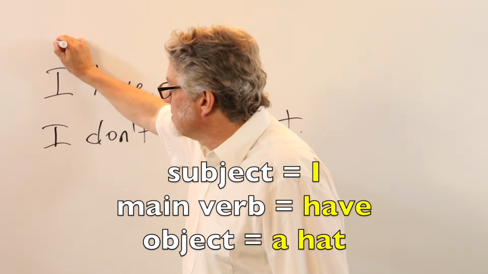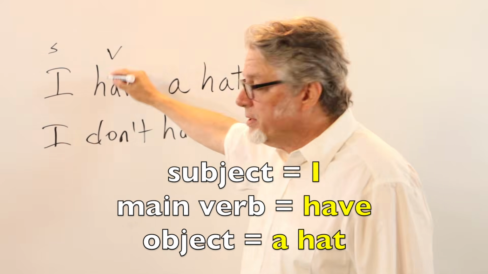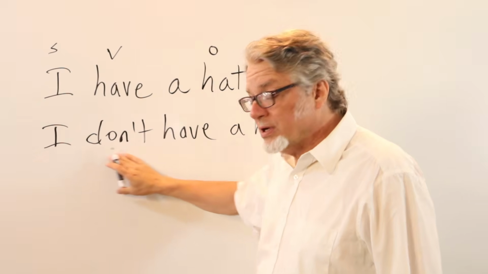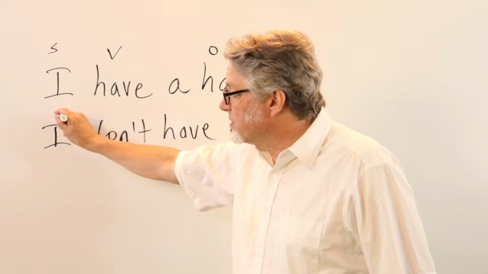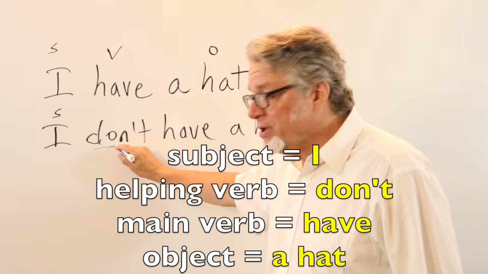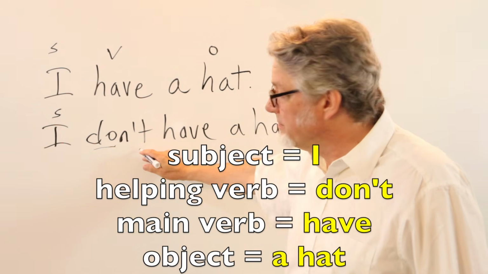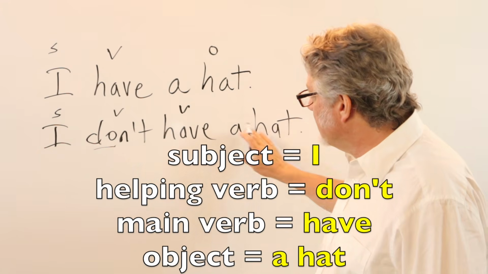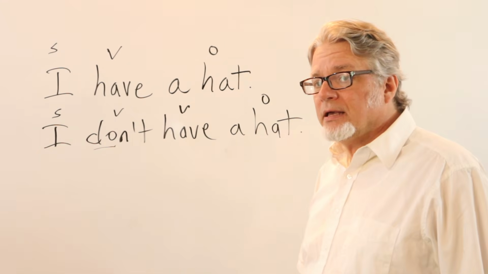After the subject, here's the main verb, and then here is an object. In this sentence, where it's negative, this is the subject, this is the helping verb, and it's negative. This is the main verb, and this is the object.